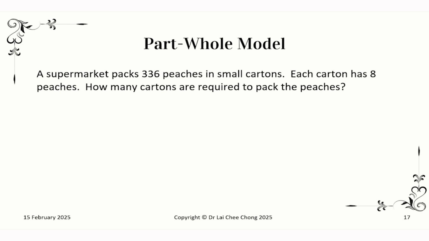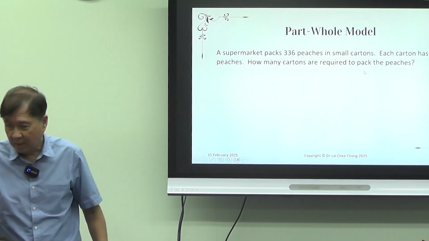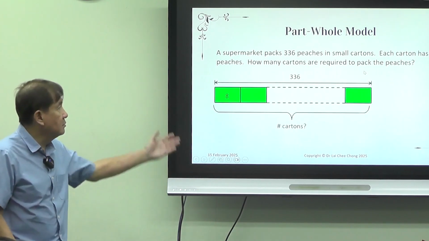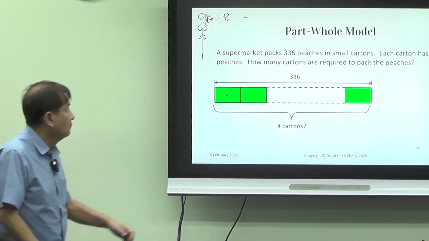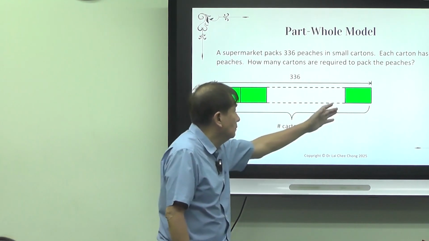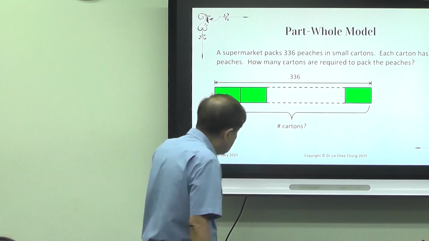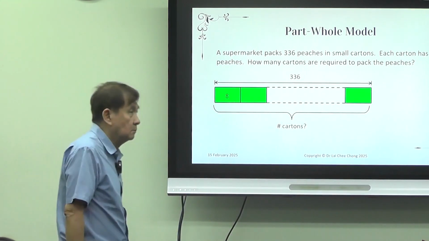All right. Therefore they must learn how to draw the bar model, something like this. How to represent it? They say, how many cartons are required to pack the peaches? Each carton, I can put in 8 peaches. Now, the way to draw it, since I don't know how many, I will draw it this way. I don't know how many, but at the end, all the peaches must go into the boxes, no matter what.